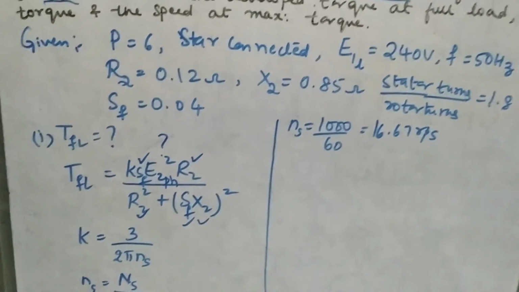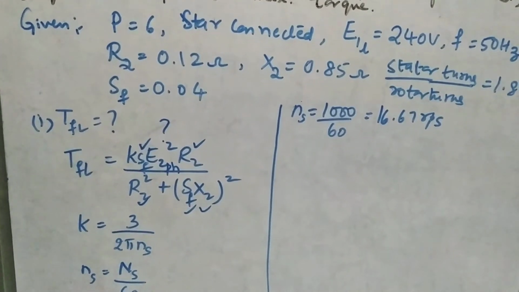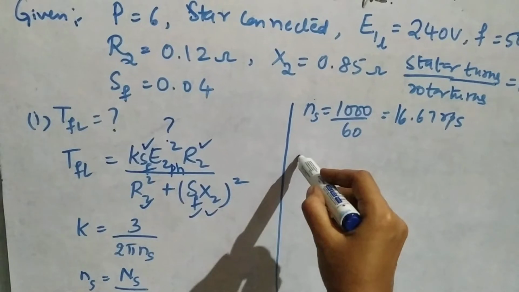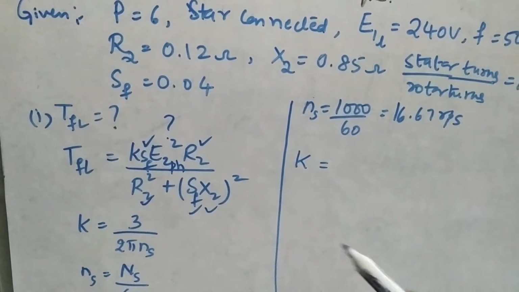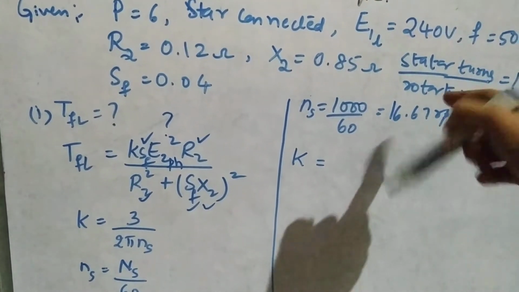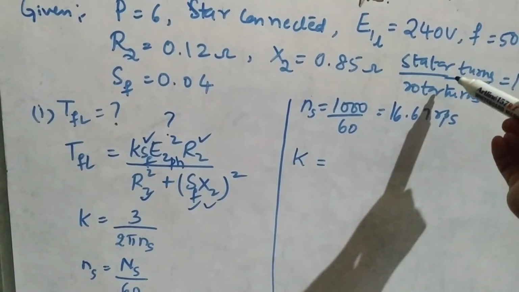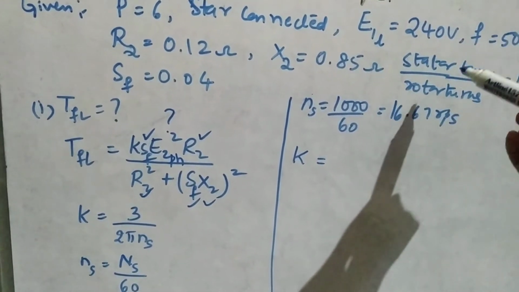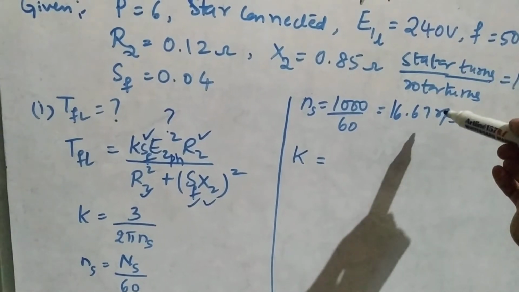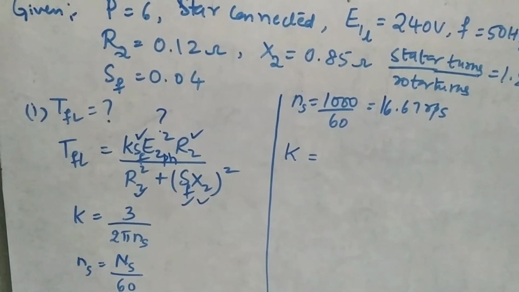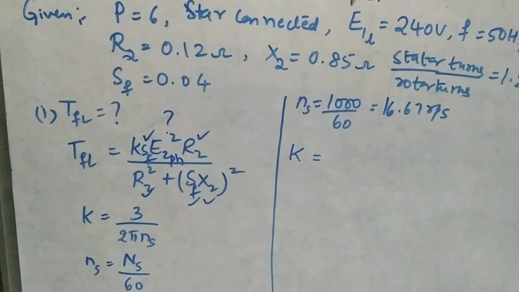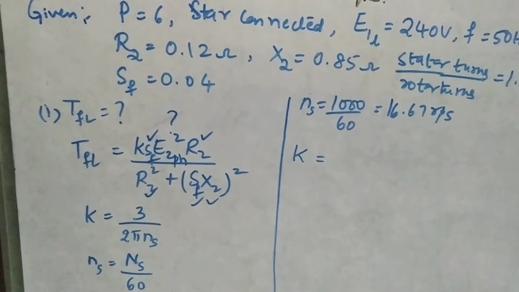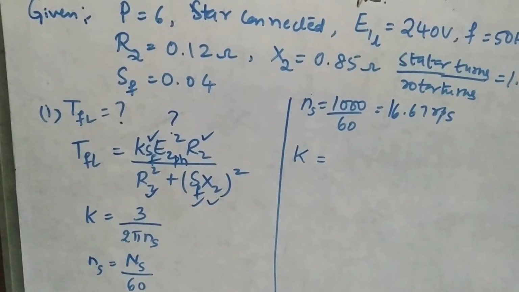Our aim is to determine the E2 phase. To determine the E2 phase, you should know the turns ratio. Here they have given primary to secondary, because the stator is considered as primary and the rotor as secondary, given as 1.8. But the turns ratio is always N2 by N1, which means rotor turns divided by stator turns.